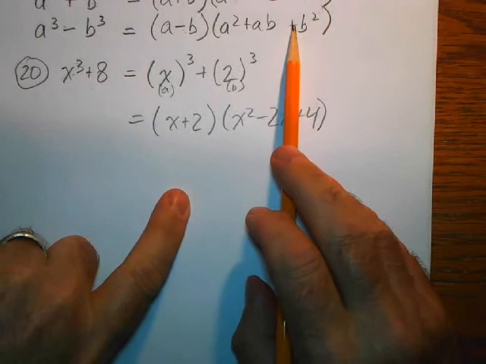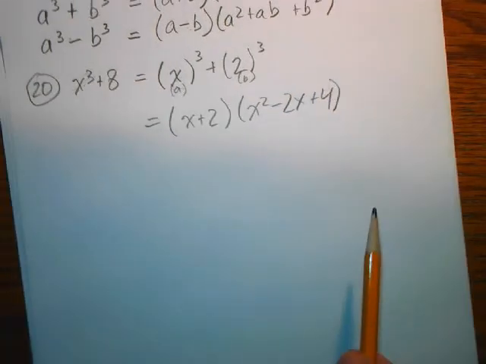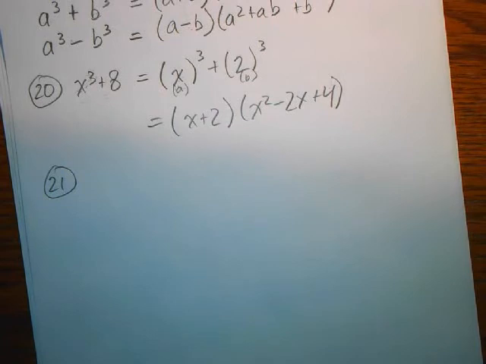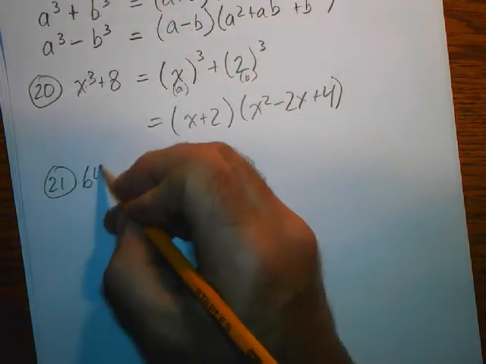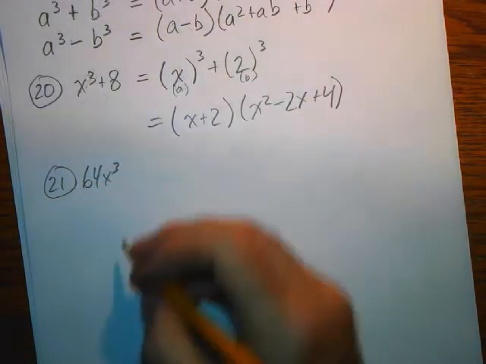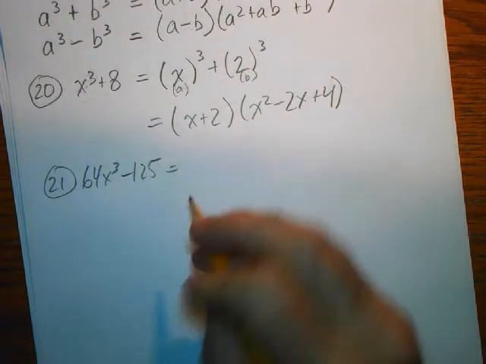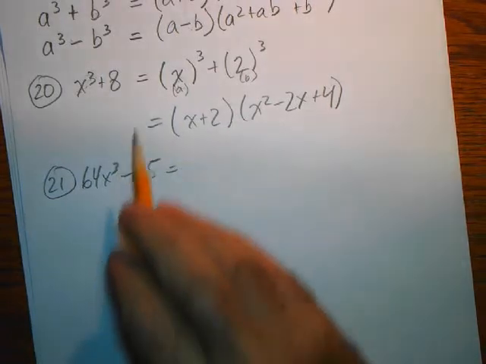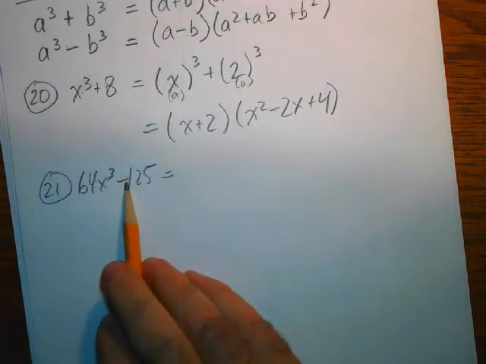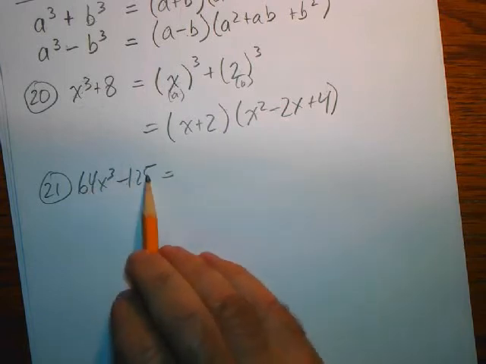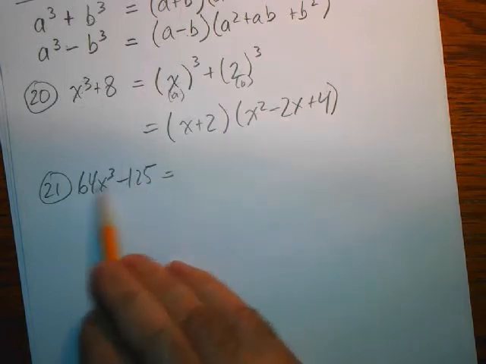So 64x cubed minus 125. You can see because of the minus sign that this could be a difference of cubes. Now, are these perfect cubes? Well, you already heard me mention the numbers 64, 125. Those are perfect cubes, and since this is to the power 3, that's also a cubed number.